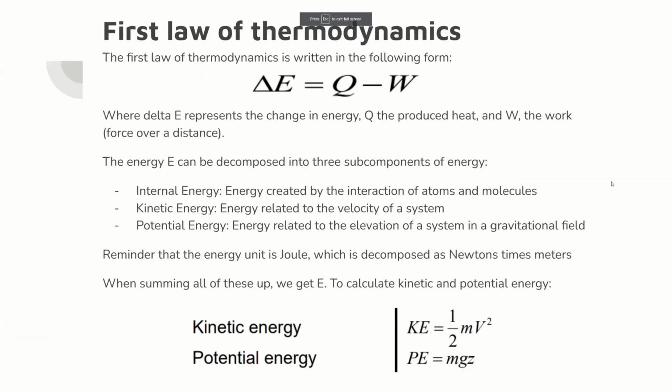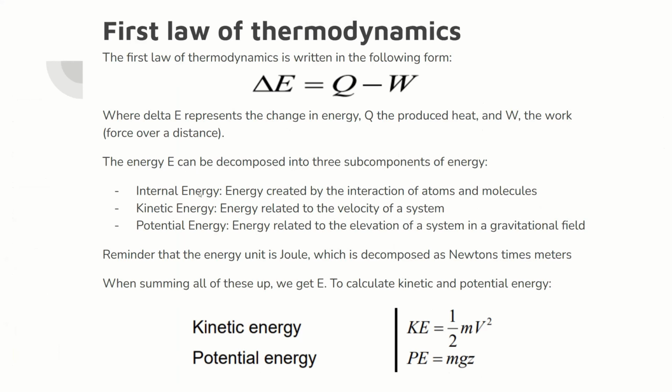Okay, moving on. First law of thermodynamics. That's definitely an equation that you're going to be tested on. The general theory is just that the change in energy is equal to the heat transfer, Q, minus the work. The energy can be represented in many forms, but we're only going to study 3.